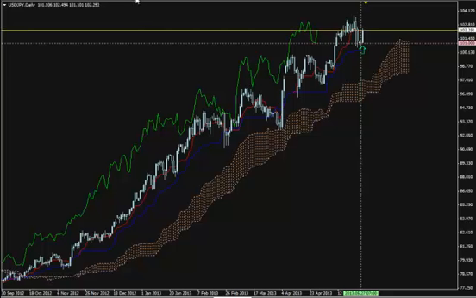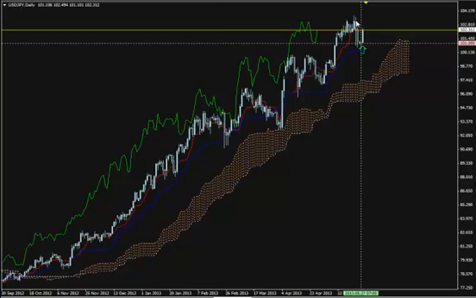Day 1 chart, daily chart, sorry, totally and clearly bullish. You see the Kumo being bullish, but its top is flat and we expect it to go sharp pointing upwards. The distance between Senkou span A and Senkou span B is so big that it's rather impossible for the price to go down.